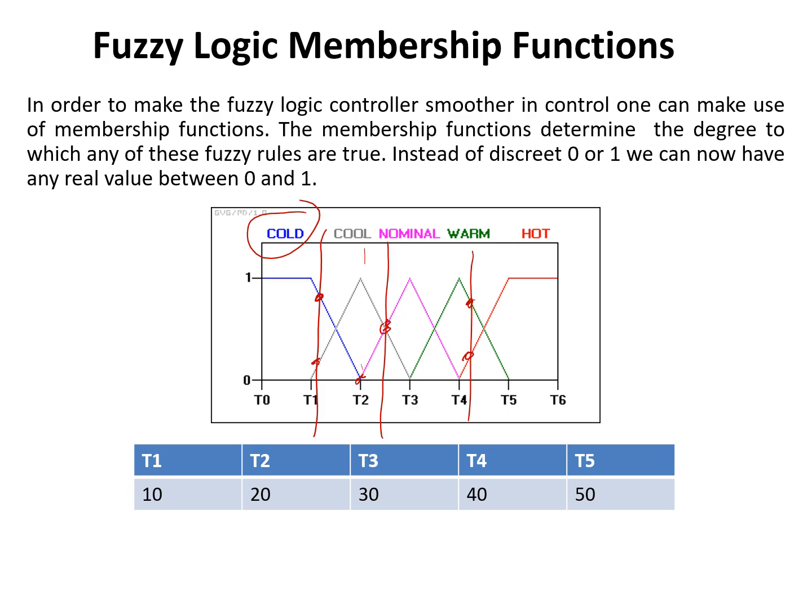So for argument's sake, if the temperature is between cold and cool, but closer to cold, then we'll have 0.8 membership of cold and 0.2 membership of cool, and so forth. So now we can use this, instead of going immediately from cold to cool, to gradually go from cold to cool in a much more continuous output way, which I'll show you in the next slide.